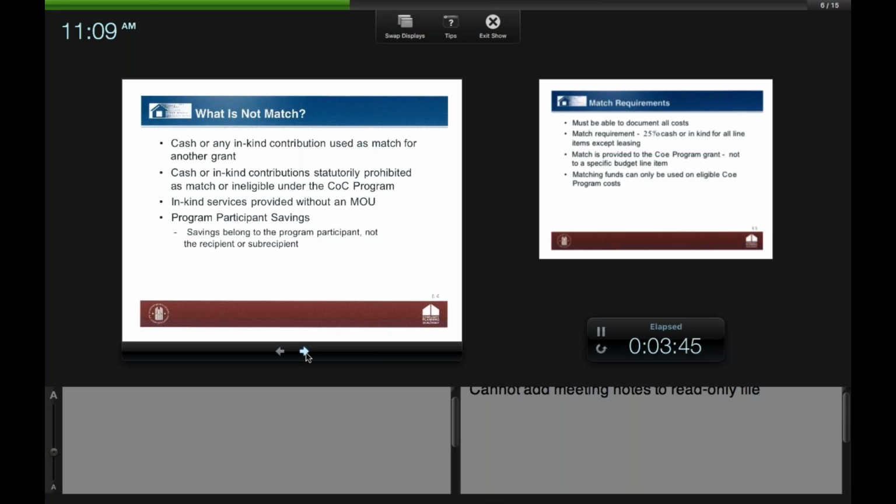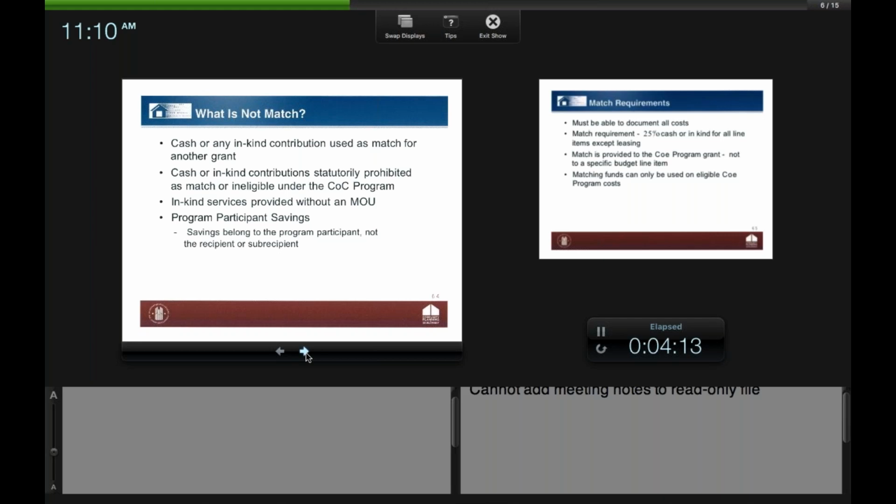Specifically, savings or income that belongs to the program participant but does not belong to the recipient or subrecipient cannot be counted as match. The example provided in the prior webinar mentioned TANF funds, temporary assistance to needy families. Those dollars are typically awarded to an individual or a household as income to that household.